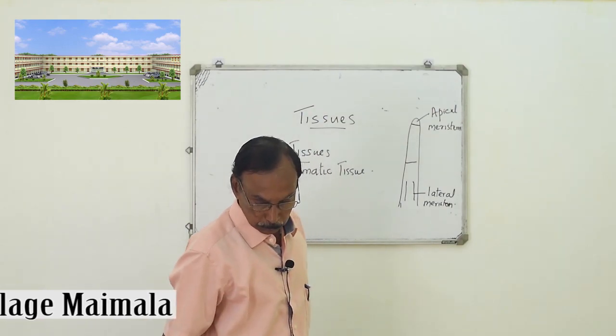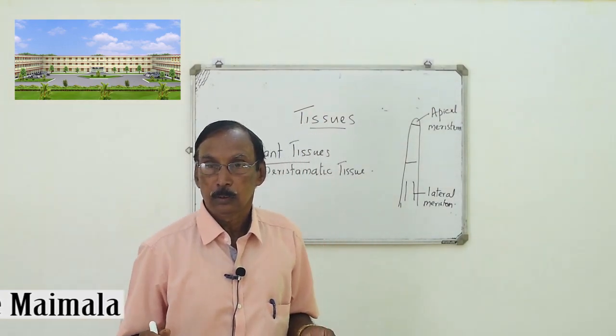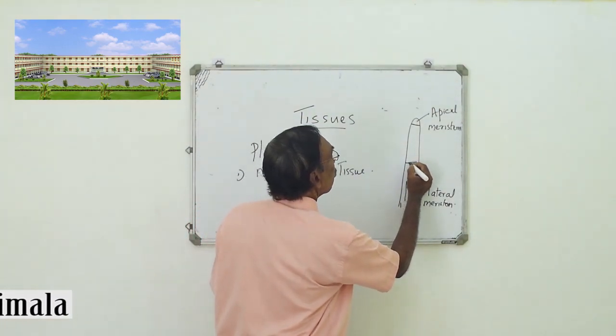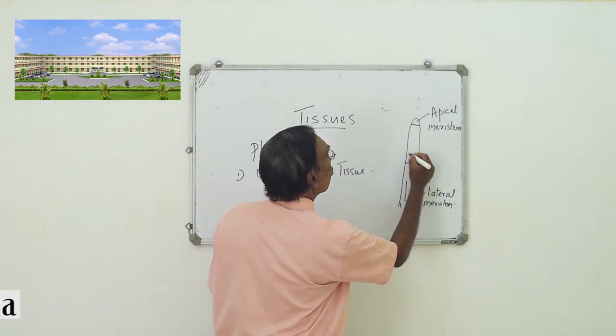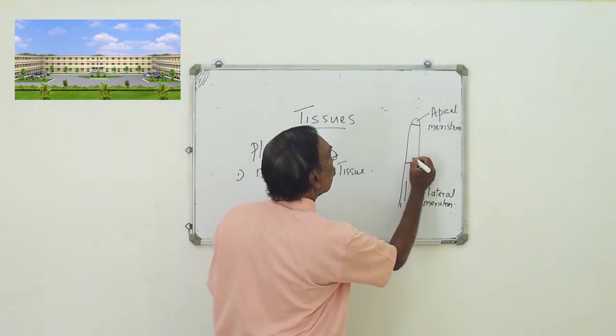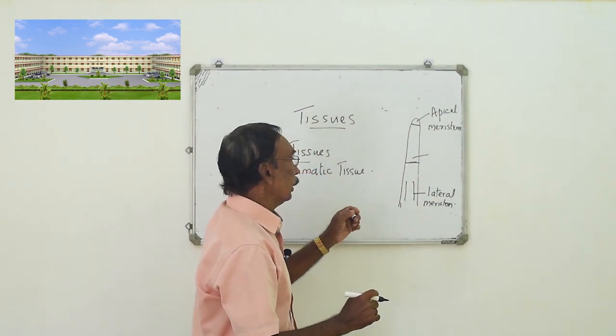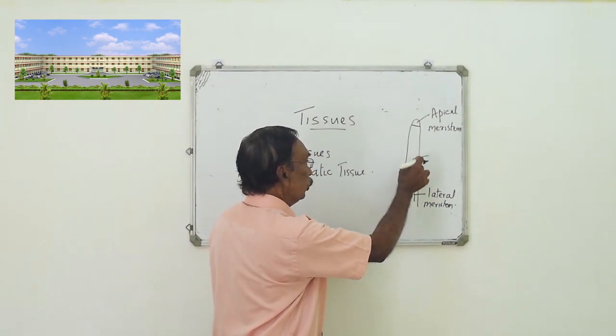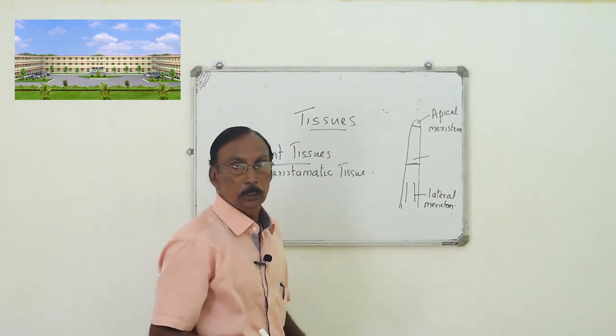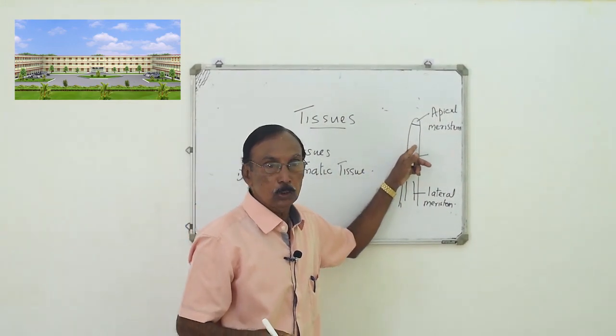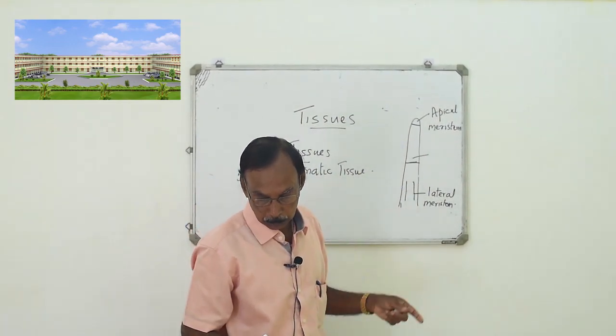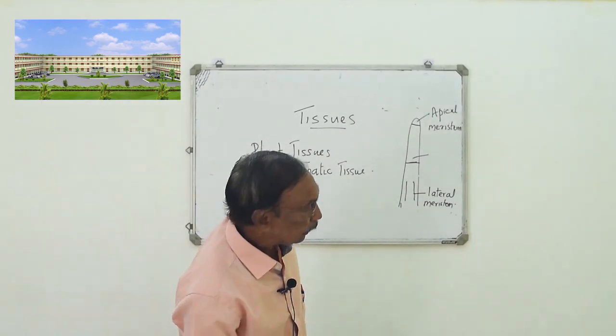And if you examine plants like grass, you can see the node, and at the part of the node, you can see meristematic tissue is there, and this meristematic tissue helps the growth in length of the plant, and this meristematic tissue is called intercalary meristem.